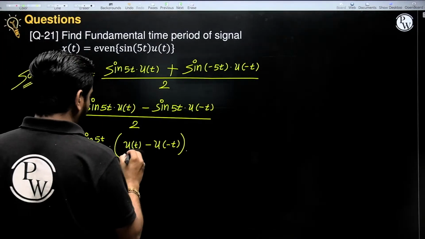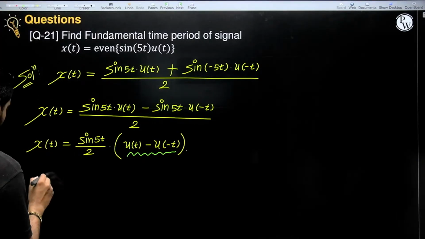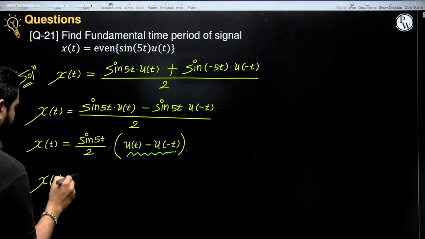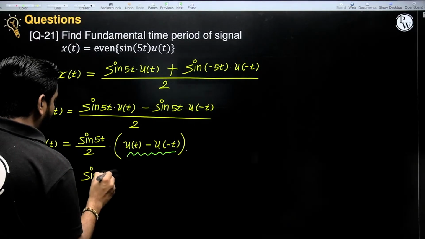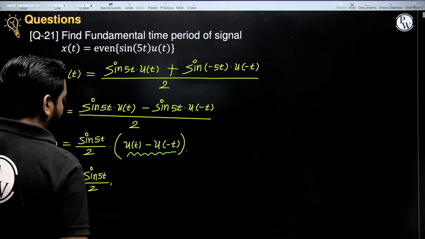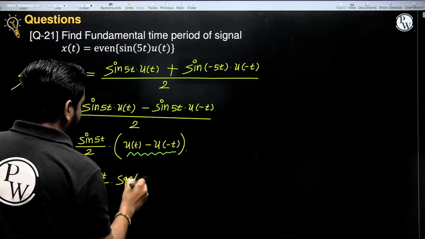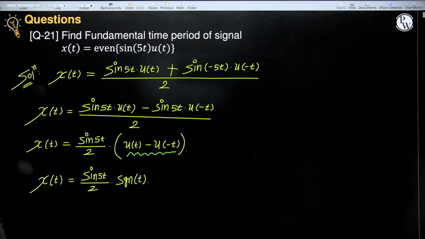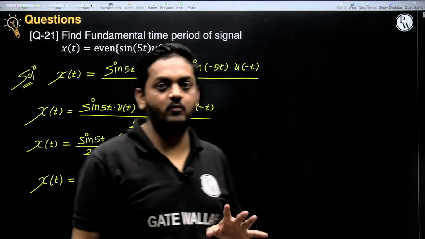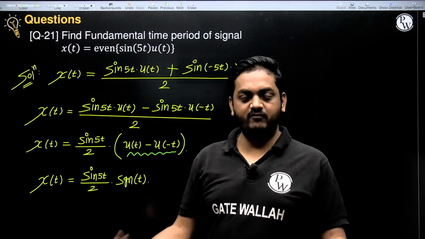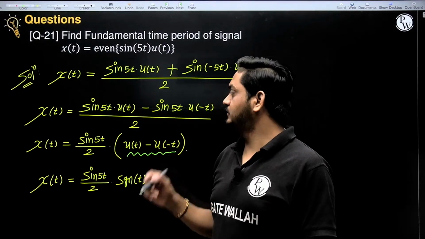Signum of t. So x of t is equal to sine 5t by 2 times the signum function, signum of t. Again, sine 5t by 2 is a periodic signal. But if you multiply with the signum function, then definitely the signum function will change the periodicity of the given signal.